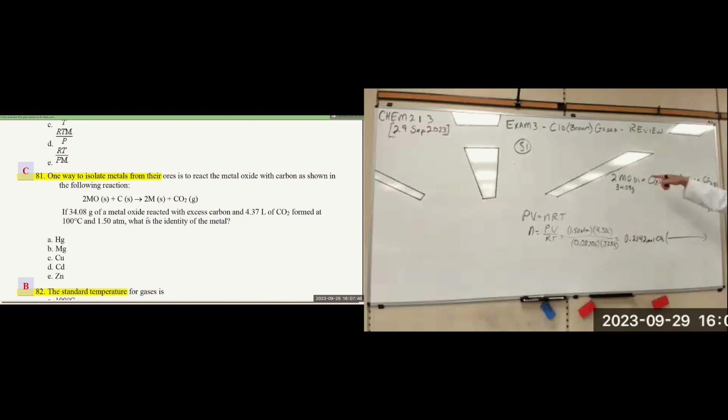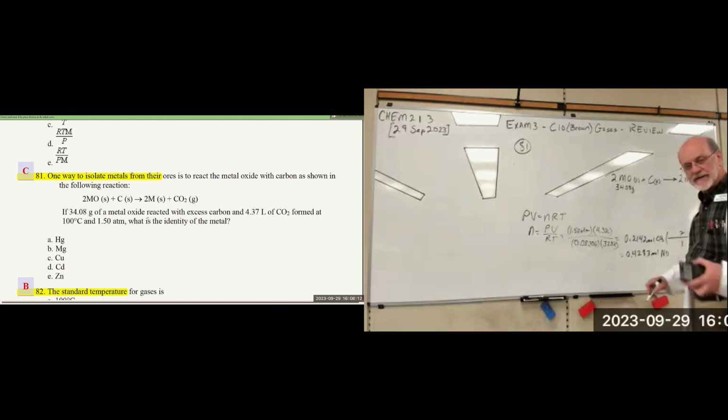Now we can find out how many moles of MO that represents. Okay, CO2 on the bottom, MO on the top. So this is 1, that's 2. So 2 times that value is 0.4283 moles of MO.